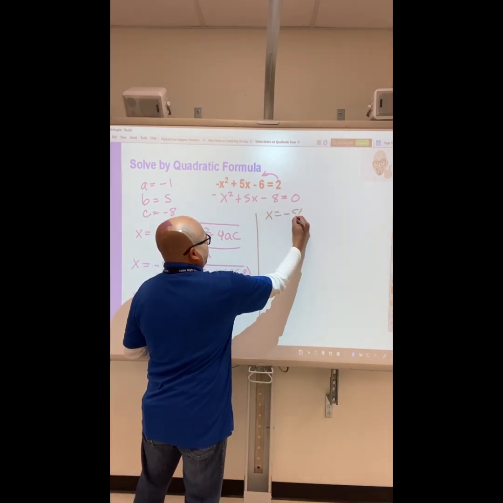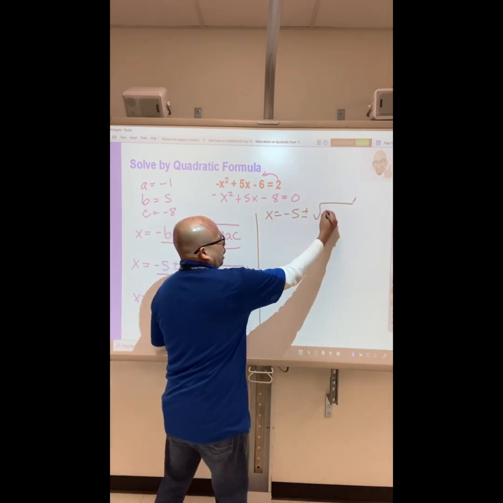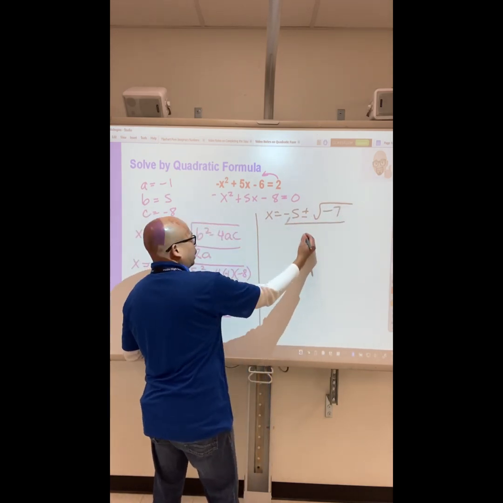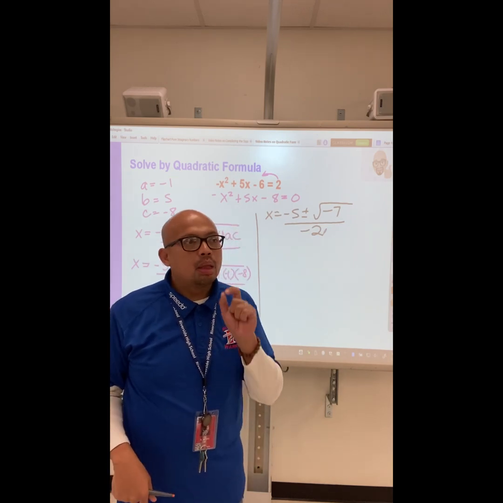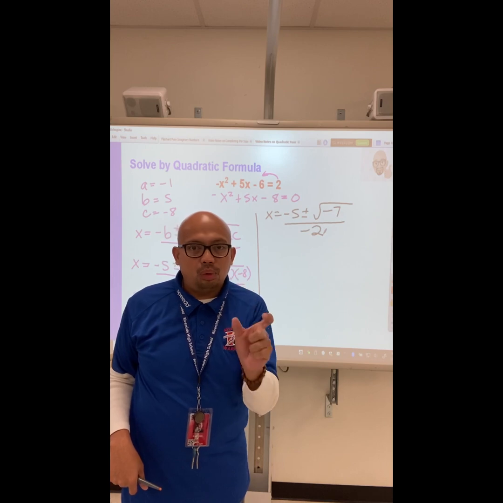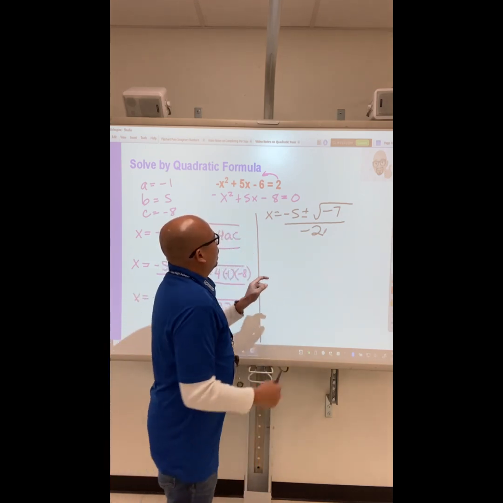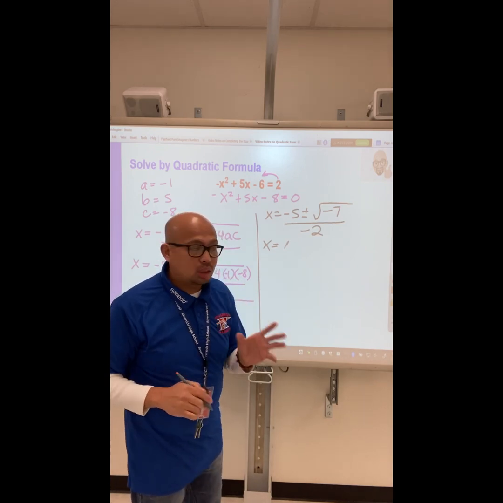That will give us plus or minus the square root of negative 7 over negative 2. We know that the square root of negative 7 will give us an imaginary number because negative 1 is equal to i squared, and we cannot have a negative inside the square root.